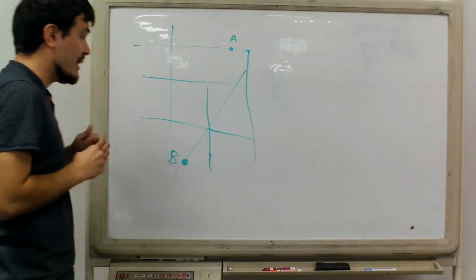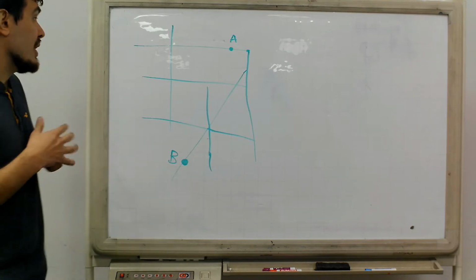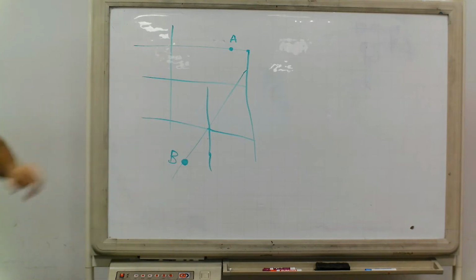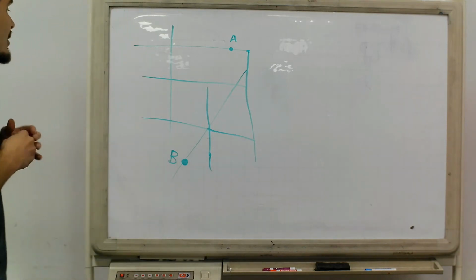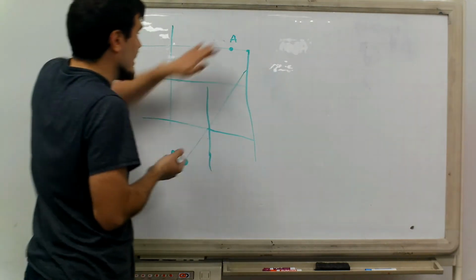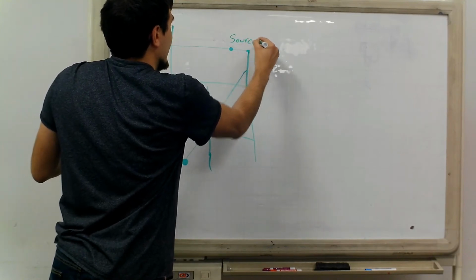So, if we want to solve this using graphs, it'll be most convenient to model street intersections as nodes. Let's call these source and destination.